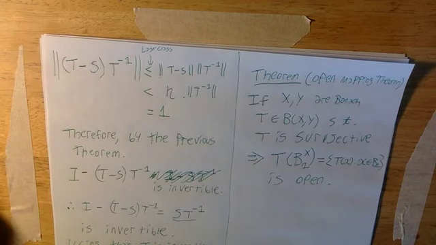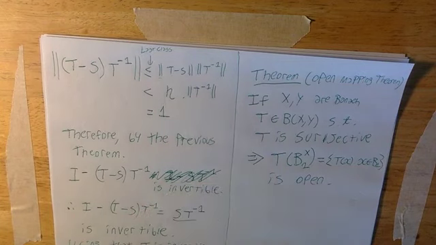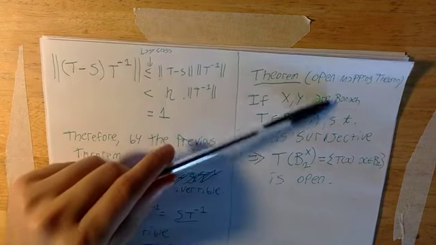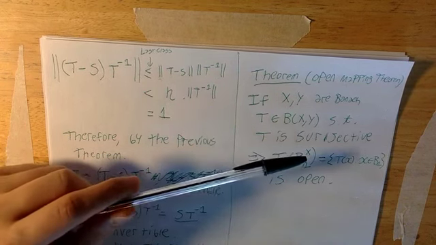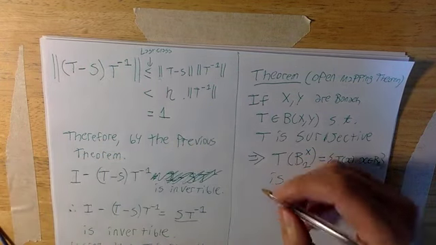Okay, so in general, one should be a bit more careful in saying what the open mapping theorem means. It means that if T is surjective, T is an open map.